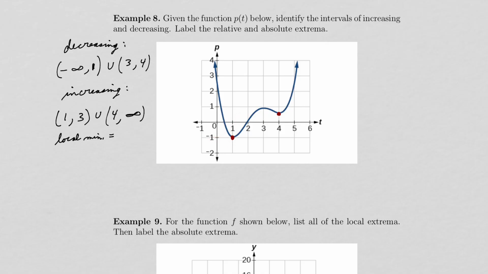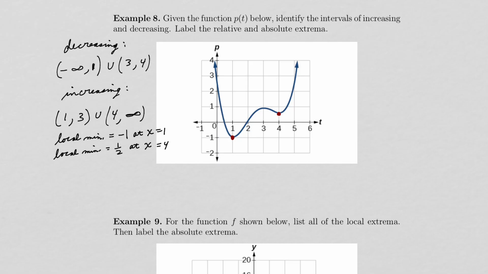So it's negative 1 at x equals 1. There's also a local min equal to, let's see, maybe a half. So it looks like that point is maybe a half. So let's say a half at x equals 4.